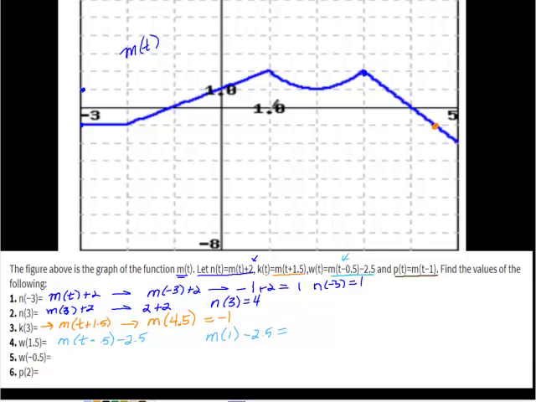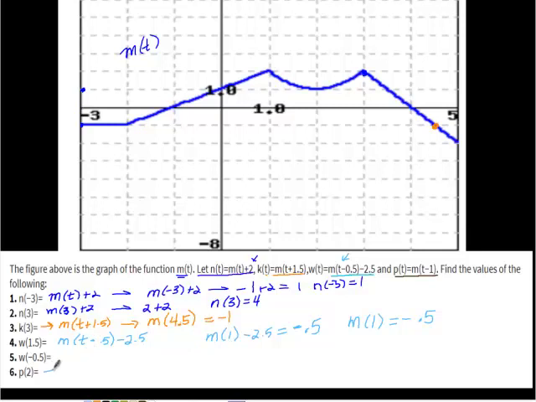M of 1 is 2. 2 minus 2.5 is negative 0.5. So w of 1 equals negative 0.5. I wonder if anybody's ever going to watch this video. I'm doing it because I said I was going to do it. We're at 3 minutes 23 seconds, so we're actually doing okay.